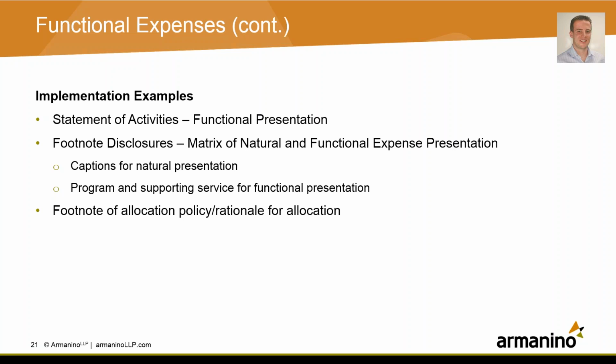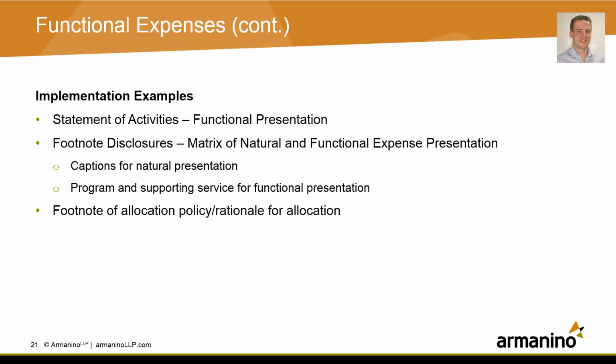So by just leaving the functional expenses on the statement of activities, you reduce the amount of different line items there. And then in the footnotes, that's where we can break out this requirement to show both natural and functional expense presentation. So what I'm hearing right there is just really keep it simple, right?